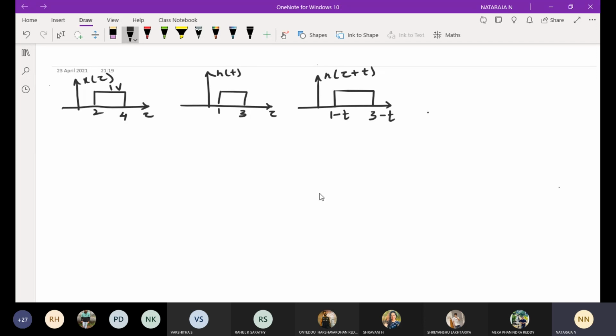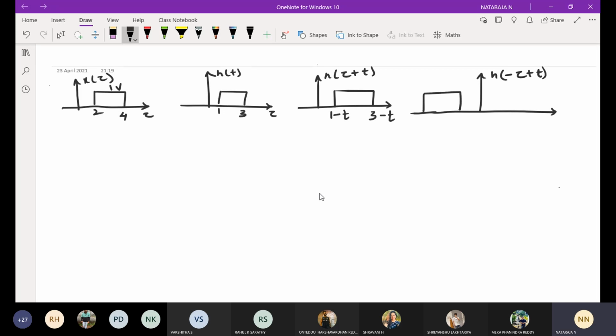Next I want h of minus tau plus t, or else t minus tau. It is just the reflection of this, so it will reflect like this.